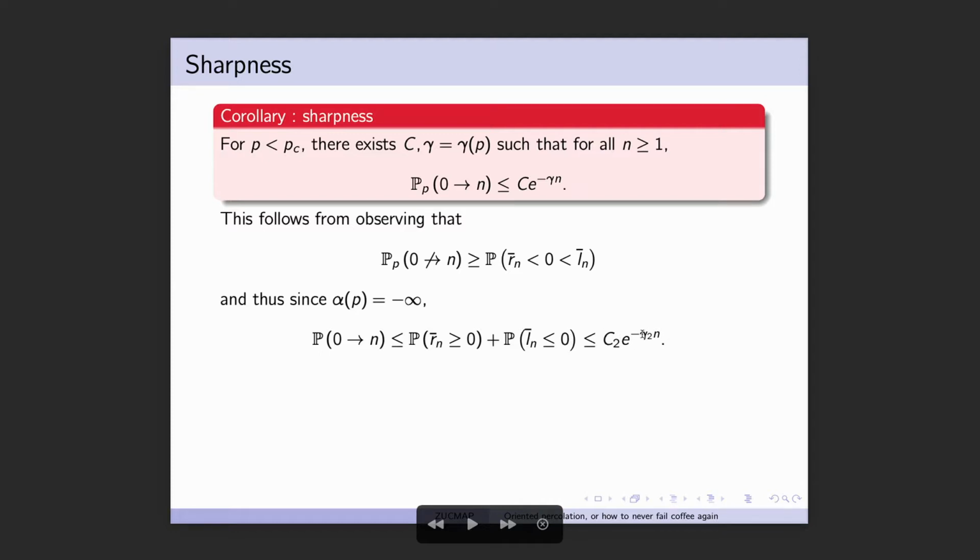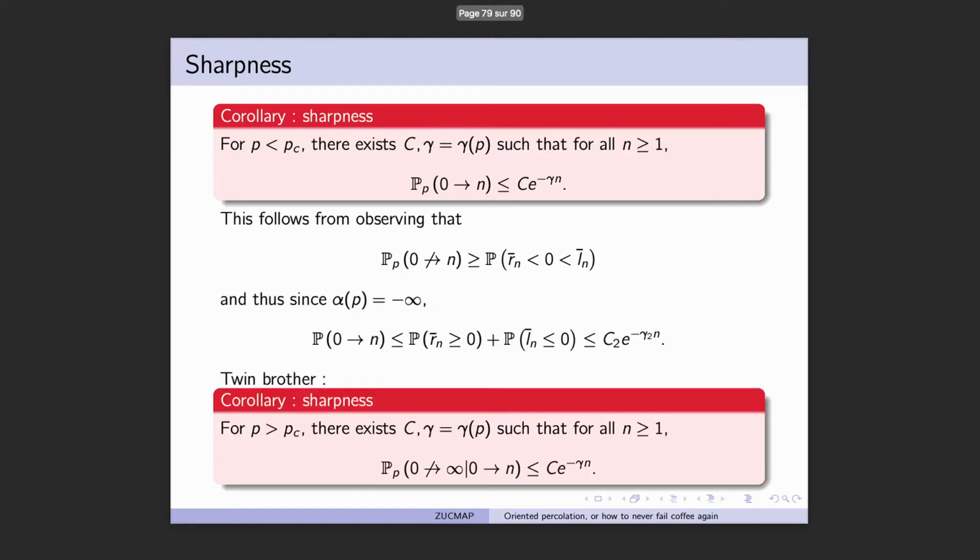So coming back to our coffee problem, if we are in a subcritical case, we are kind of doomed because it's very, very unlikely that we will succeed in making coffee. Whereas in the supercritical case, we have kind of a relative of this result, which tells you that if you reach distance n, then you have very, very good chances of going to plus infinity. Or to say it differently, if you reach distance n, the probability that you don't reach plus infinity is exponentially small.